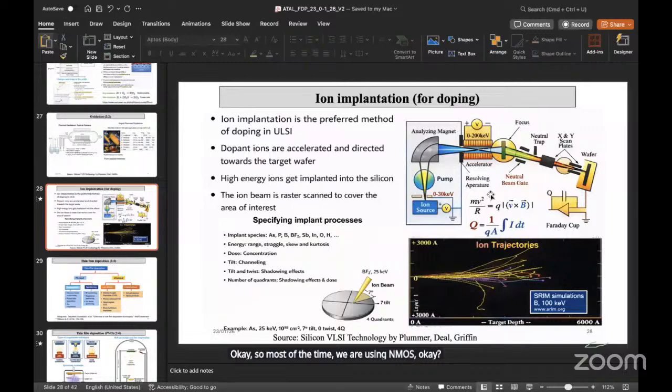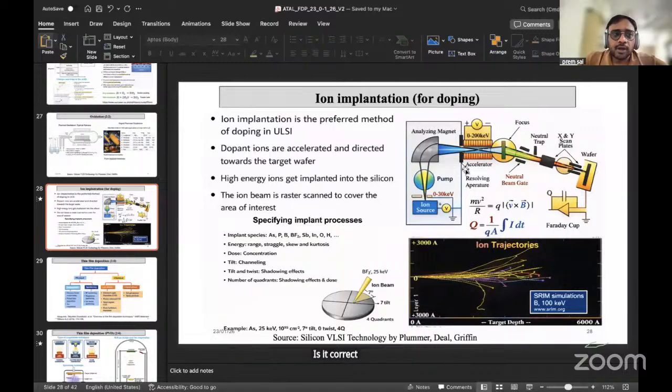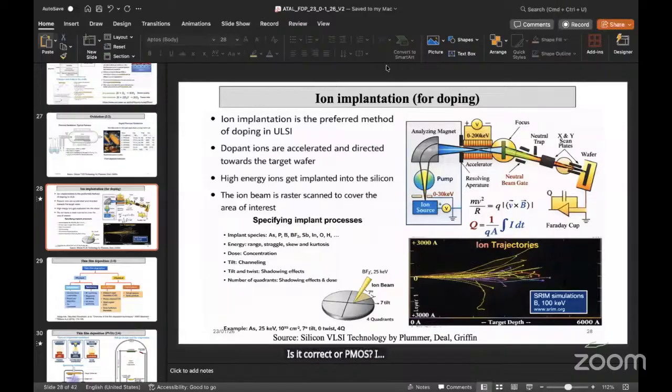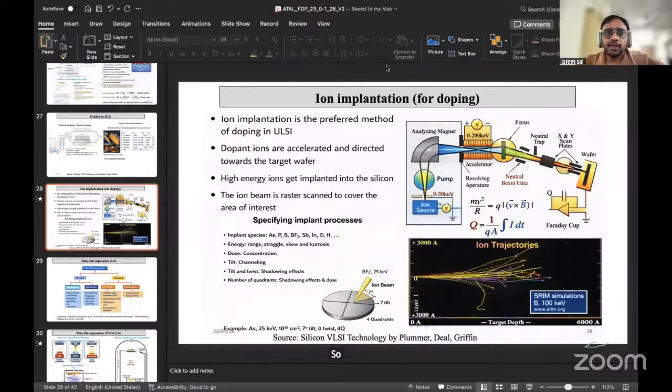Okay, is it correct? For CMOS, does it depend on whether we have to use NMOS or PMOS? Basically, for silicon, we have to use both; it depends on the functionality. If you want to use it just as a switch, NMOS is fine, because NMOS is electron rich, and electrons have higher mobility, so they are faster.